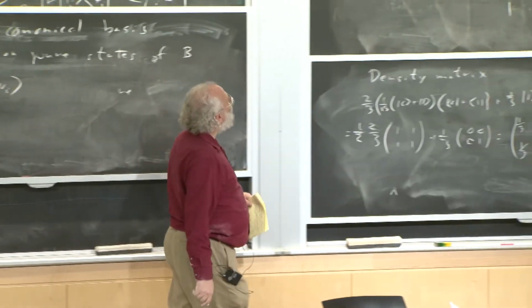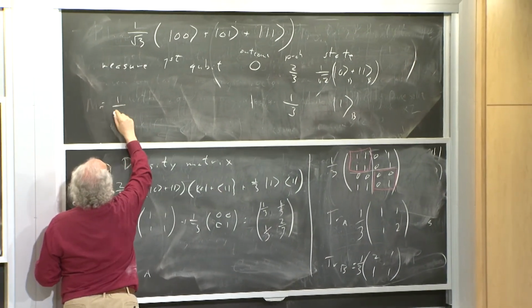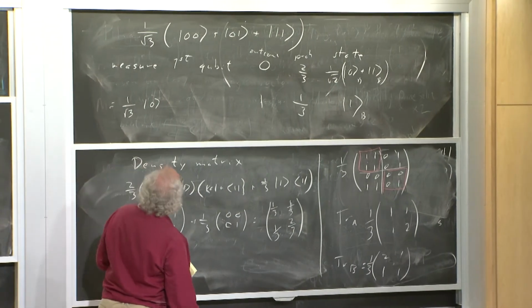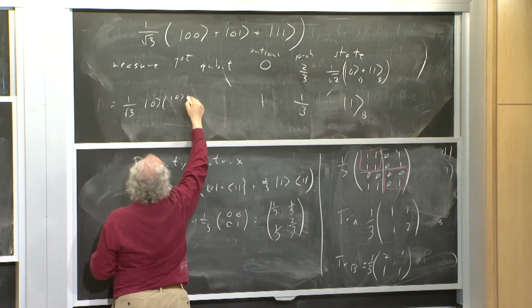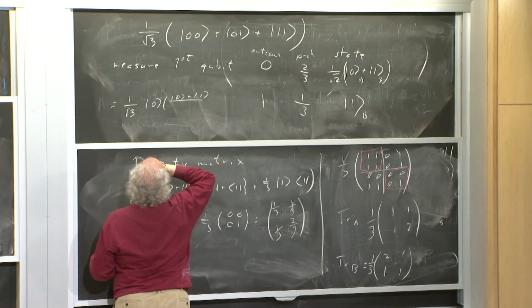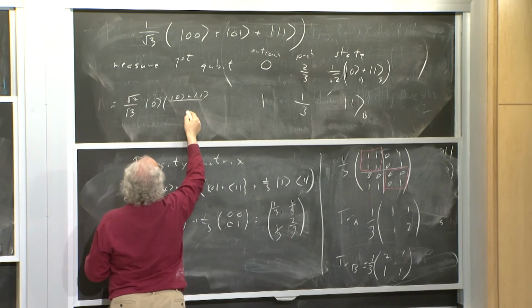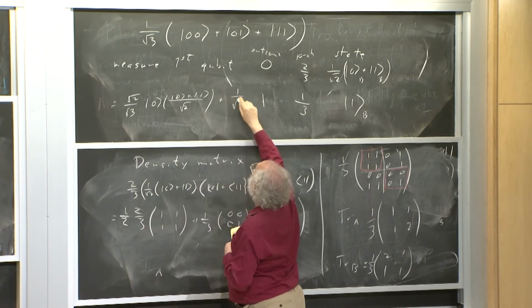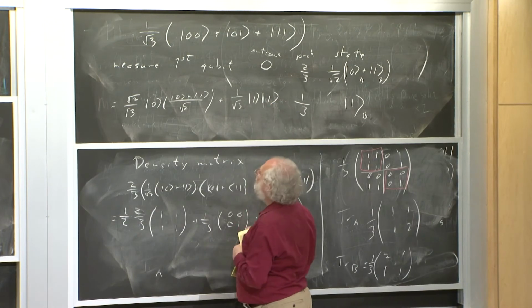That is equal to 1 over root 3, |00> plus root 2 over 3 times |1>(|0> over root 2 plus ...) plus 1 over root 3, |1> times |1>.